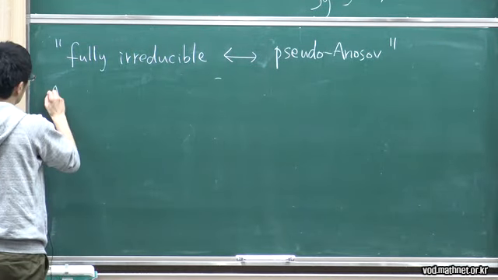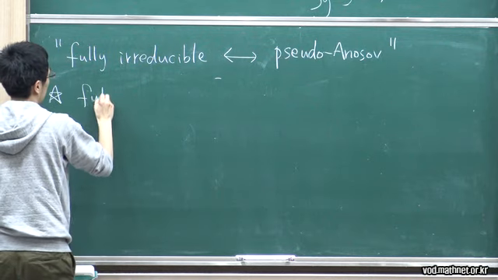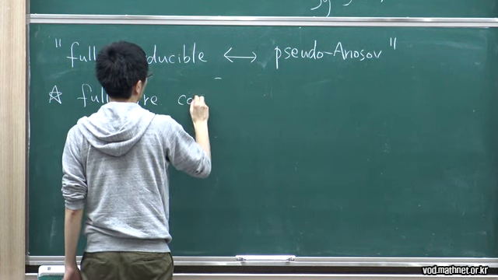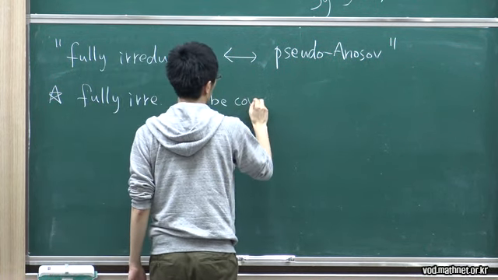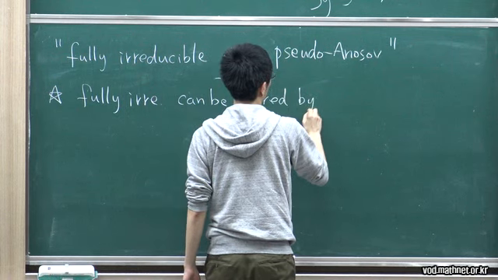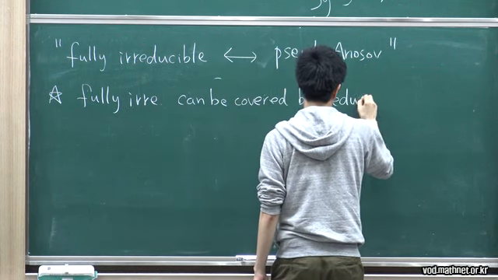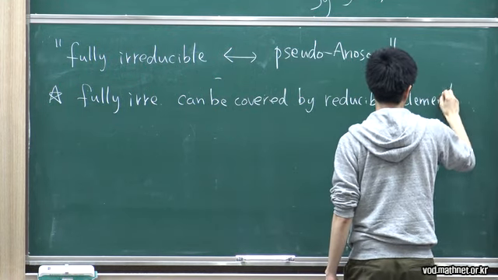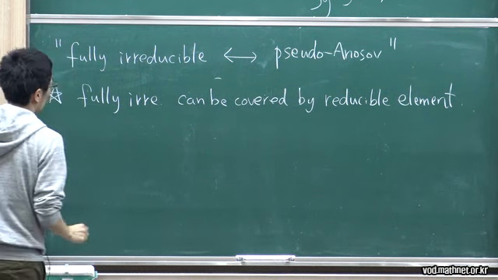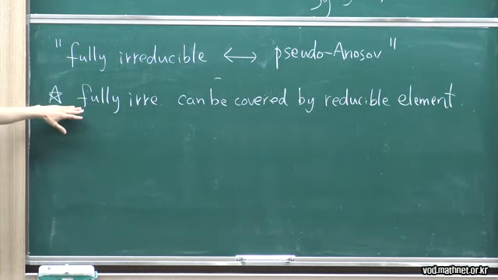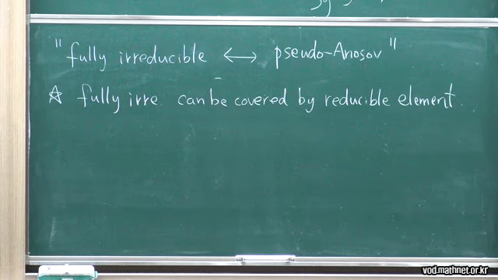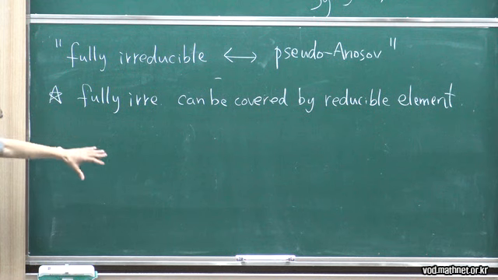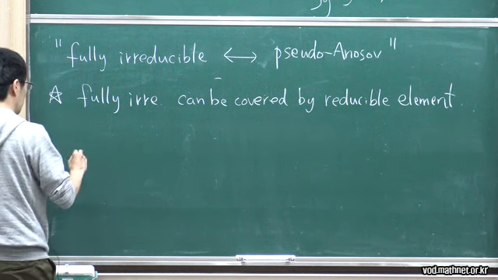However, a free irreducible element can be covered by a reducible element. This is because there are some elements in outer Fn which behave really similarly to those coming from the mapping class group.